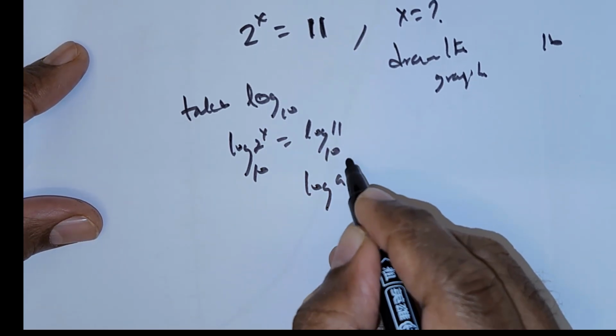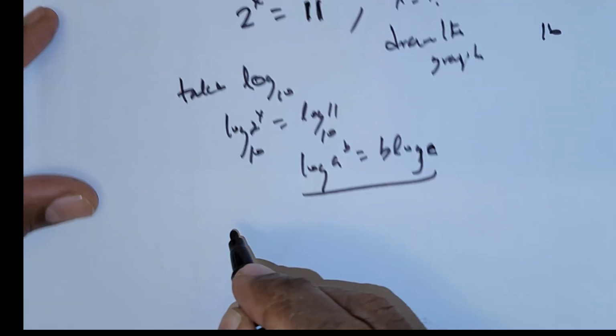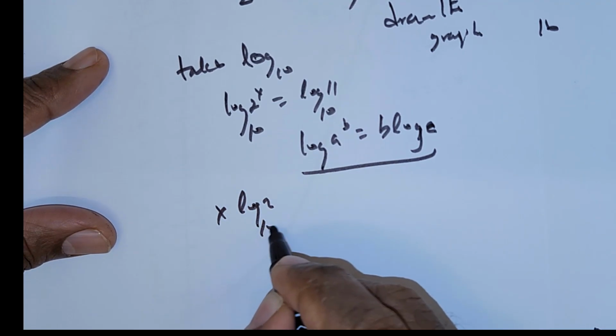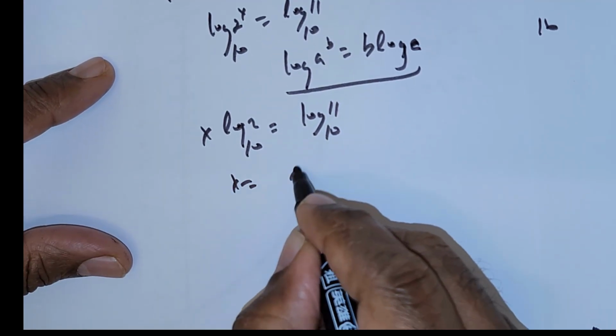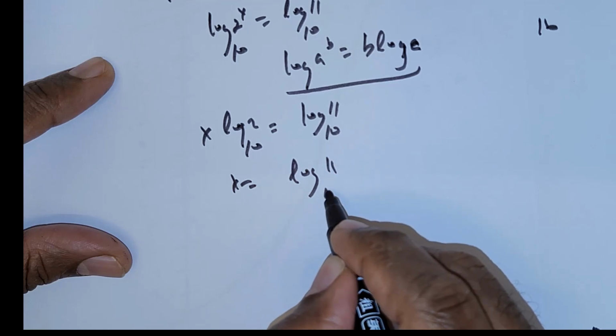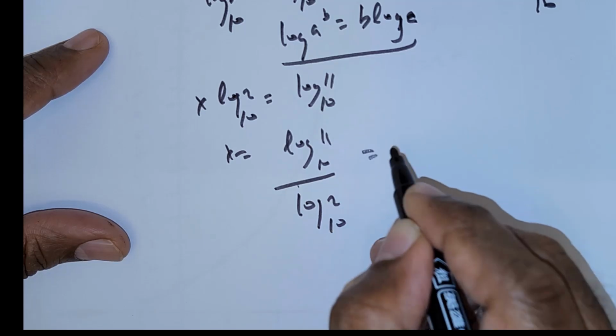Now there's a formula, log a raised to the power of b is b times log a. So it's going to be x times log 2 to the base 10 is equal to log 11 to the base 10. Therefore x is equal to log 11 to the base 10 divided by log 2 to the base 10, which is equal to, use your calculator.